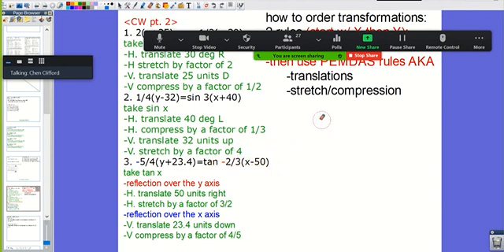Now, number 3. A lot of times they're going to give you the problem that looks like this. So what you see for number 3, I'm going to just rearrange stuff.